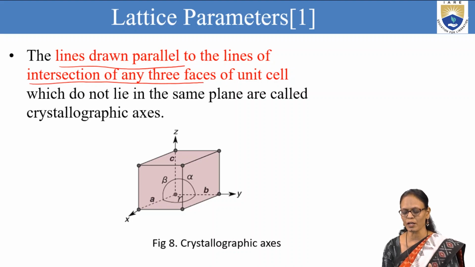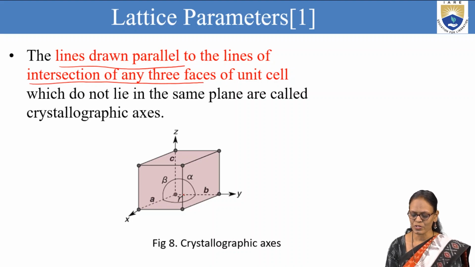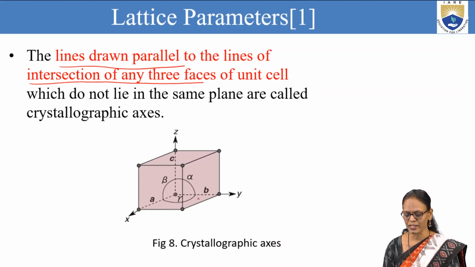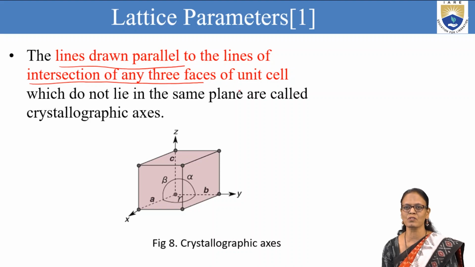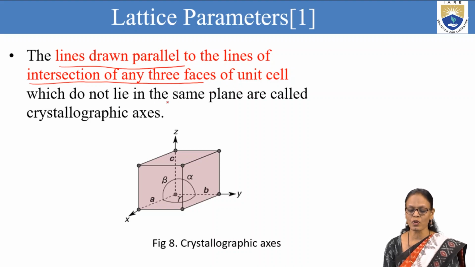When we are talking about the faces here, this is one face, I can say, along the x-axis, another face along the y-axis, and another one along the z-axis. So the lines that are drawn parallel to the lines of intersection of any three faces of a unit cell which do not lie in the same plane, we call them crystallographic axes. So you can see here, this is one axis.